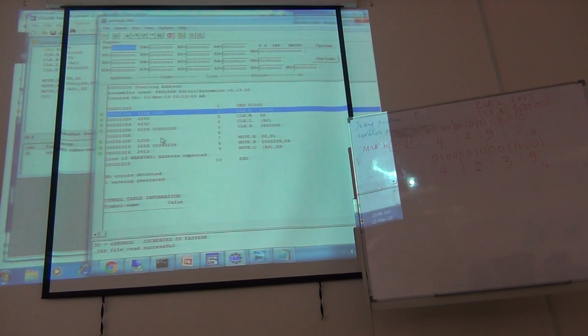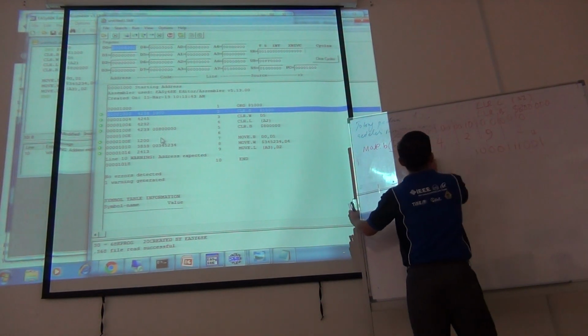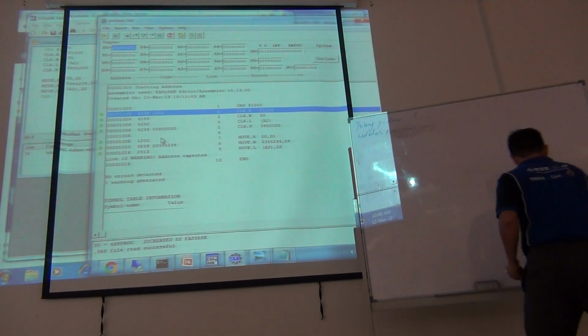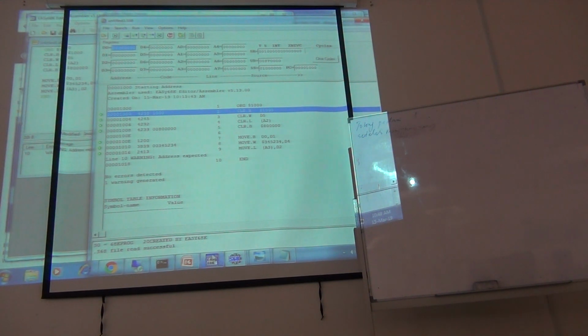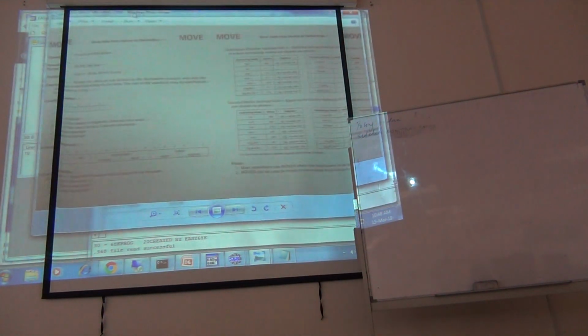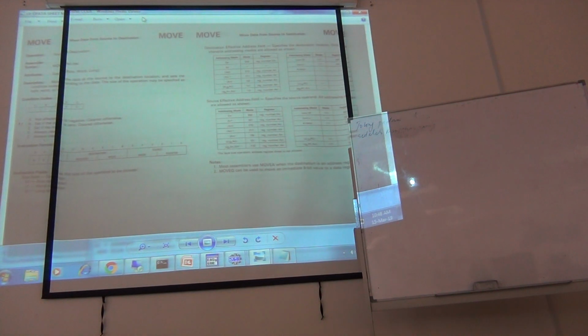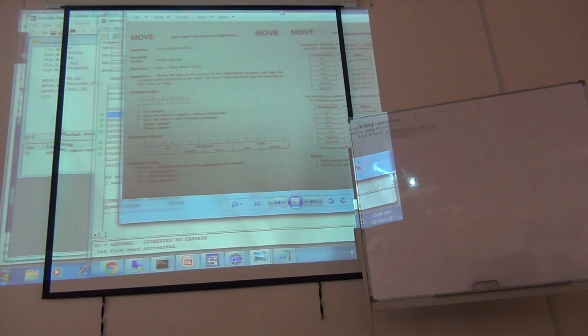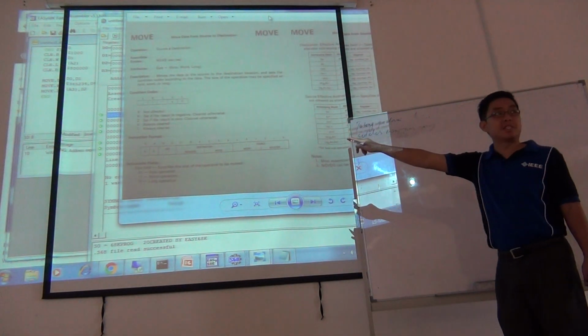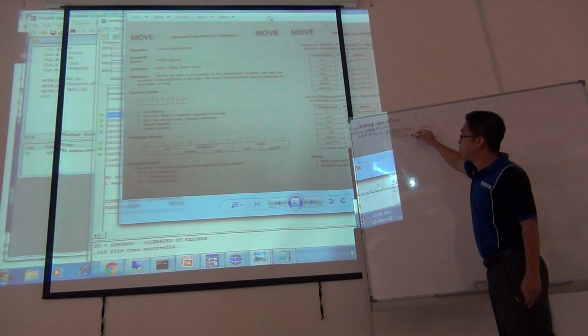Okay, the answer for that one, let's try it ourselves. Move.W to D4. The command's first 2 bits are the same: 0, 0.